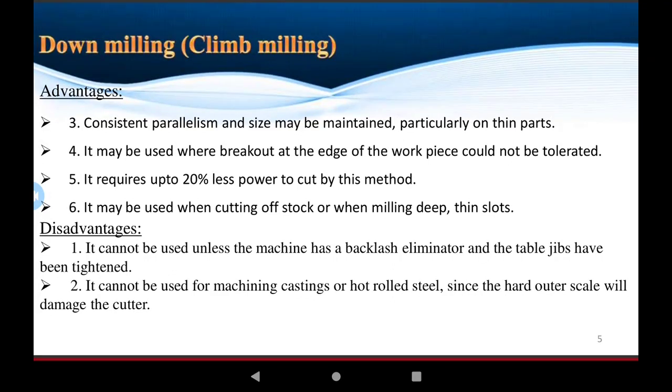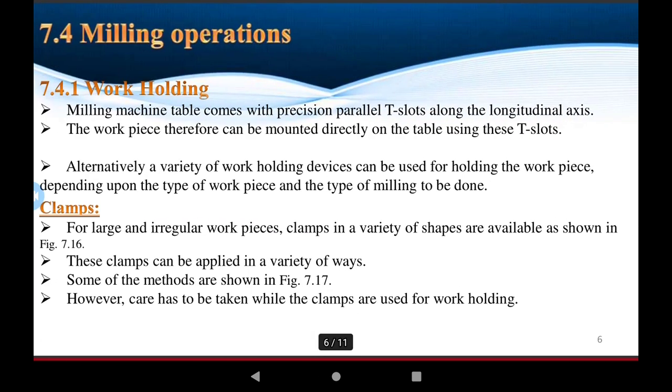Check the cutter speeds and some of the other machine settings mentioned for the milling operation, and the work holding.